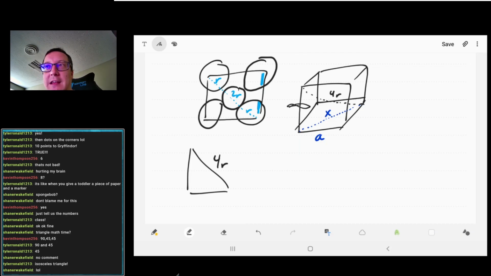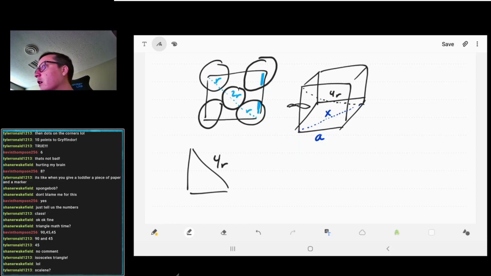I think this is one that is not 45, 45, 90. We're going to see that will be the case for the face-centered cubic, but not for this one. It's quite silly that I have forgotten the geometry rules here. So it is a scalene triangle. I'm thinking it's 30, 60, 90, but I'll double check that. We'll have that for tomorrow.